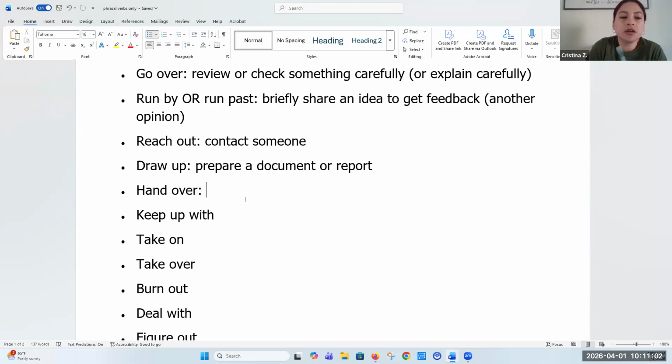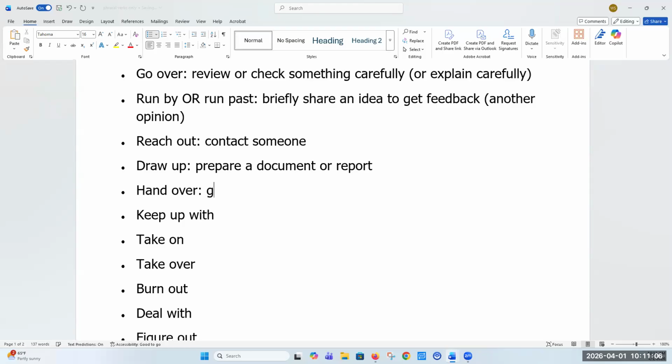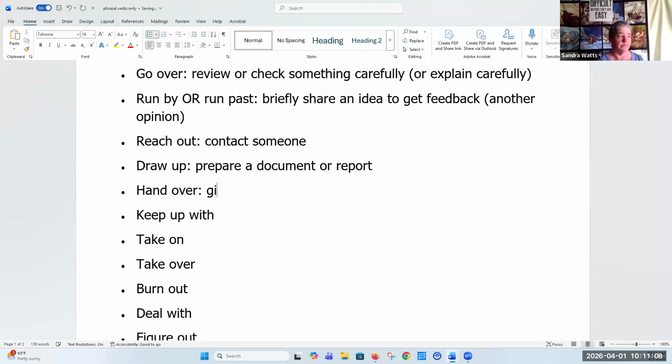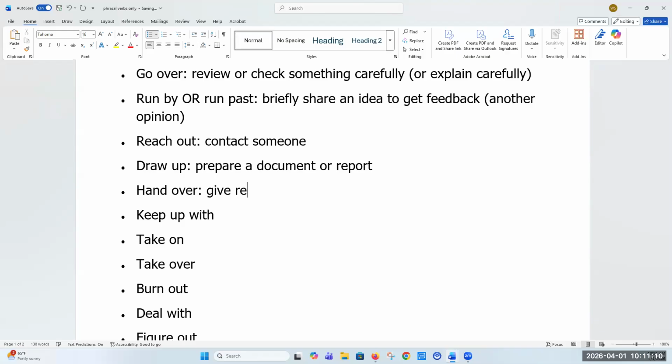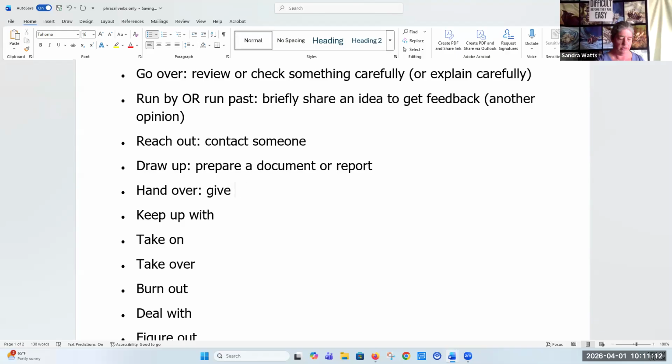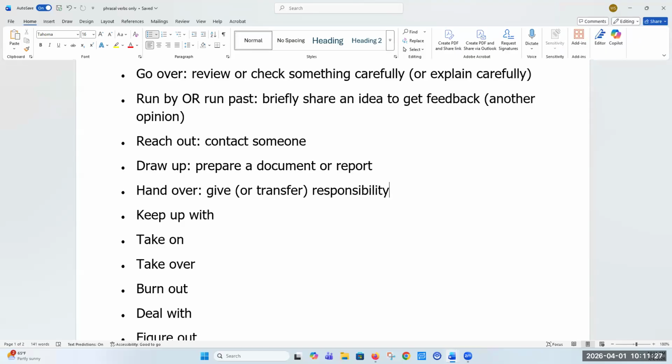Giving a report in a document. It doesn't have to be documents. It's basically, let me put, or transfer. Give someone else or transfer the responsibility to someone else.